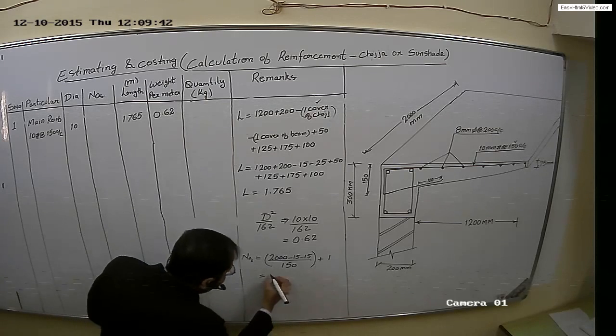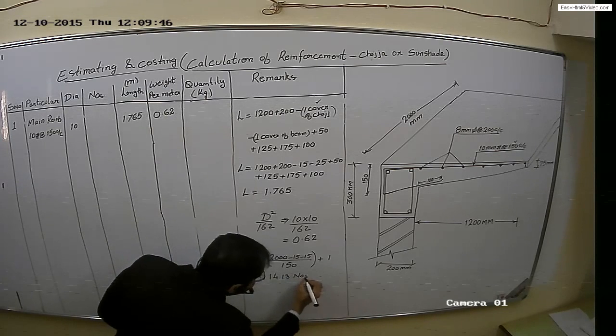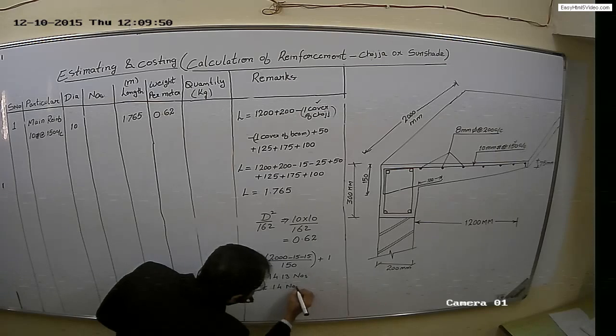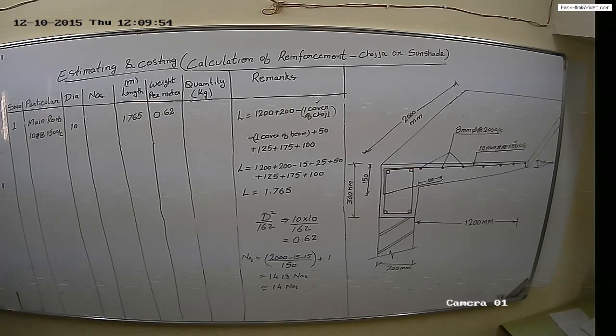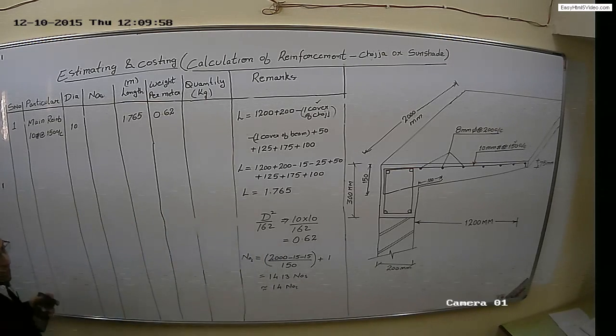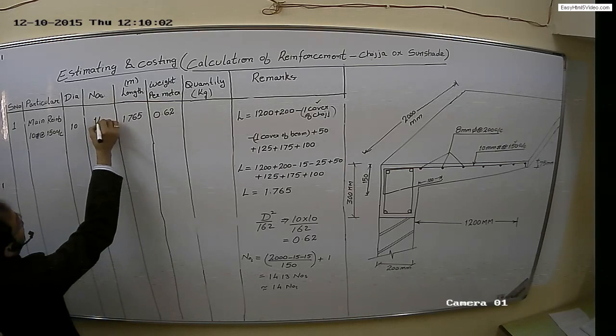You will get 14.13 numbers. So on rounding off, we will take 14 numbers of bar in this particular span to be put as main reinforcement in this Chajja. So you have to write 14 numbers in this column.